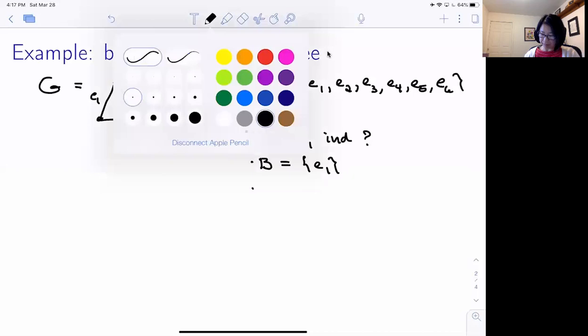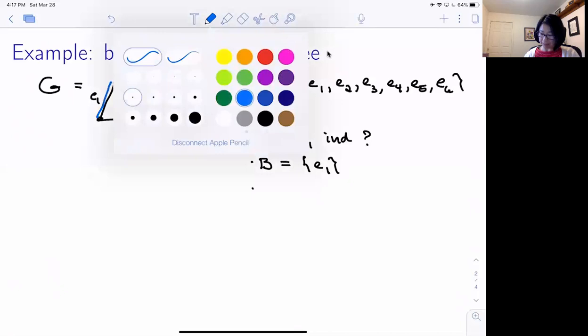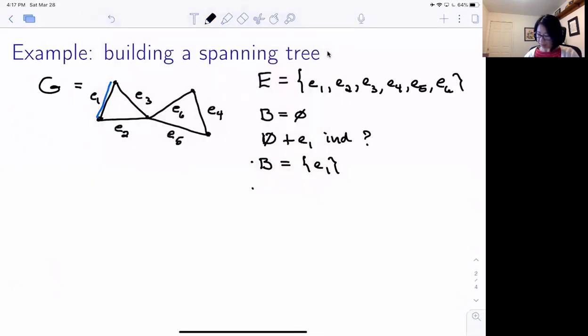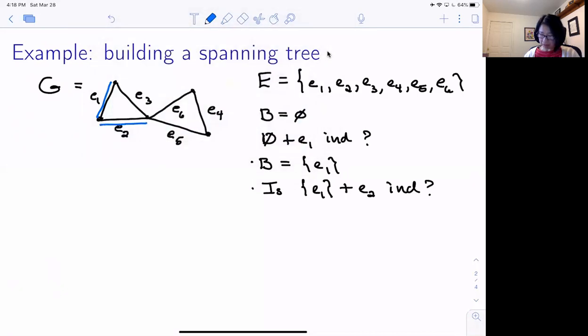We've got E1 in our basis, our independent set, the basis that we're trying to grow. And then we ask, is E1 plus E2 independent? Well, when we look at the graph, yes, it is. So we'll throw that in there. And now in our updated B, B is equal to E1, E2.